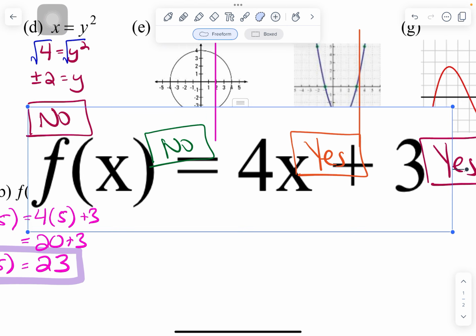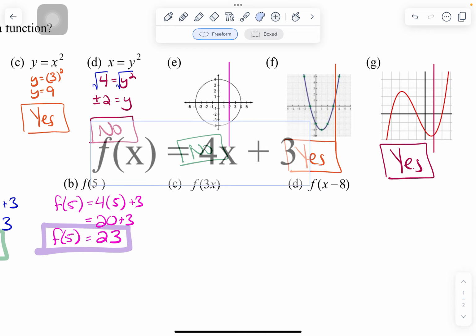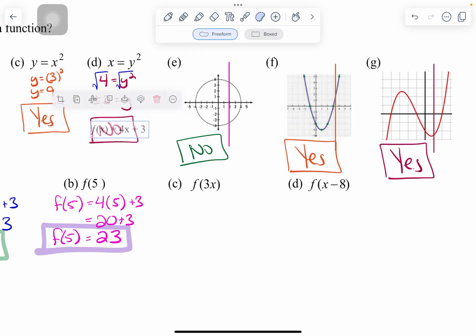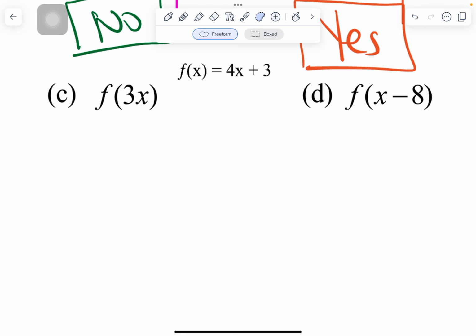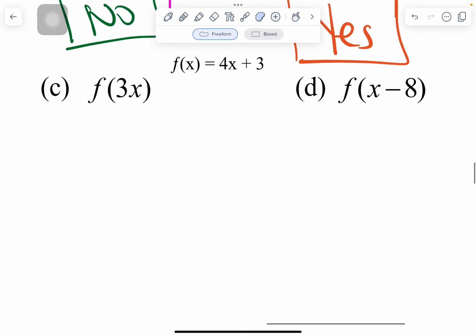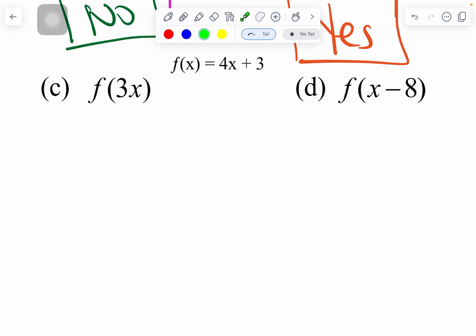The reason I'm doing this is I'm not flipping back and forth across the screen and scrolling around too much. So here's the original f of x function.